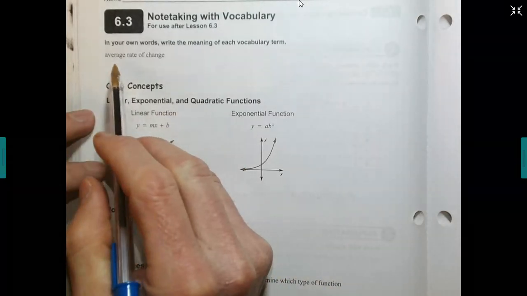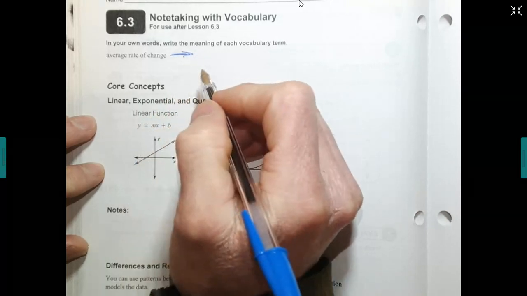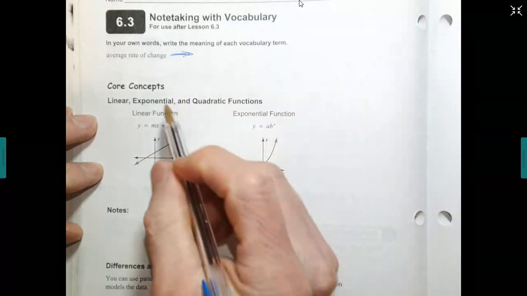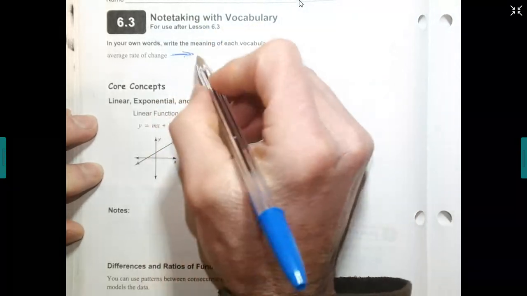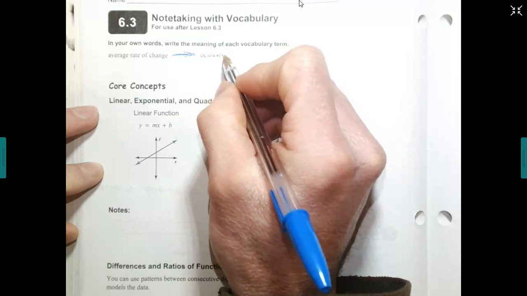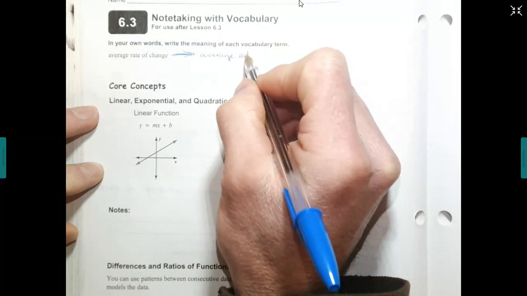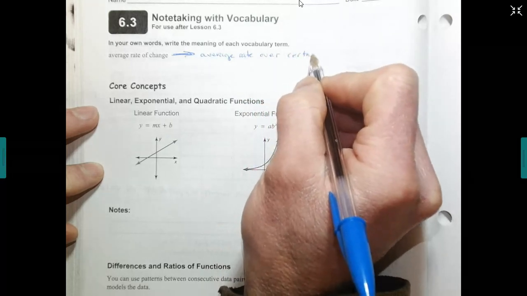We have right here the average rate of change. Average rate of change is, and I hate to use the word in the definition, but I'm not sure how to avoid it, average rate over a certain time.